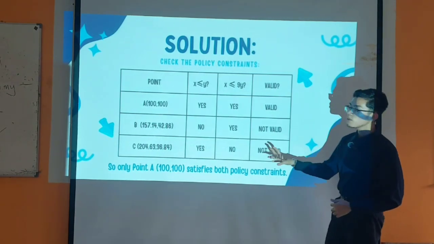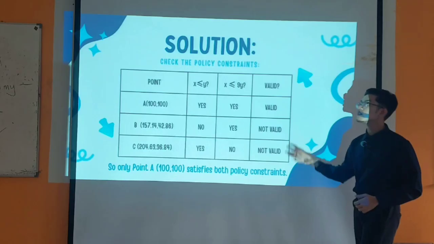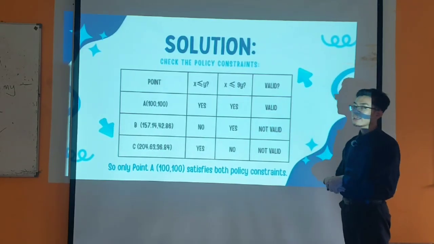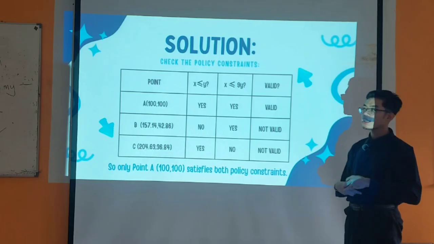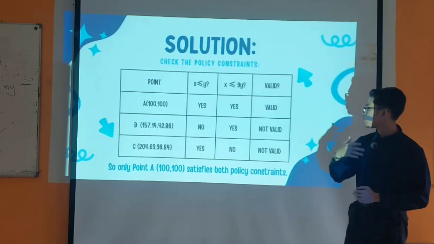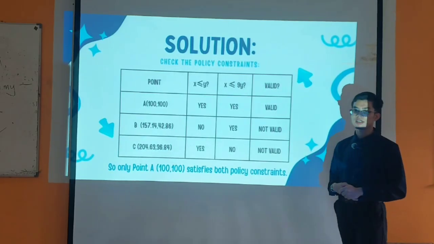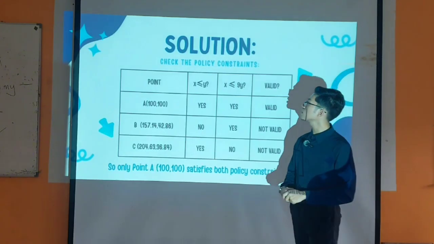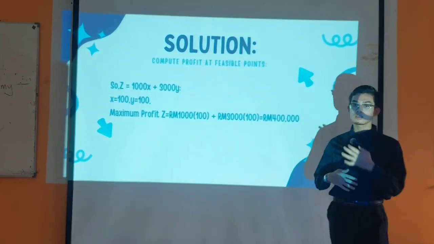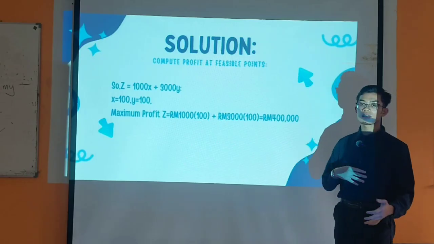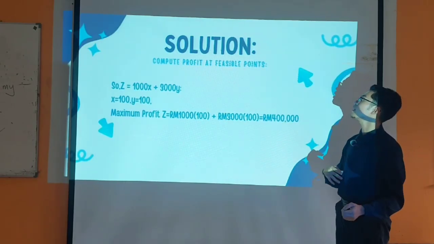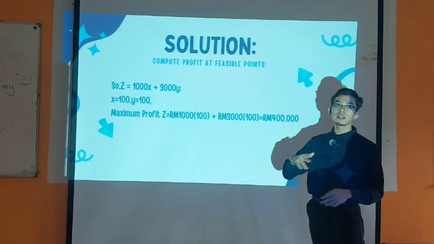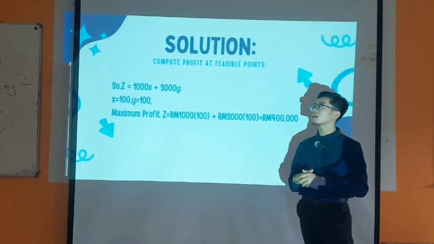So here we can see clearly that only point A, which is x is 100 and y is 100, satisfies both policy constraints. Okay, so let's proceed to the next slide. So we can compute the profit at a feasible point. So we will calculate it using the objective function.